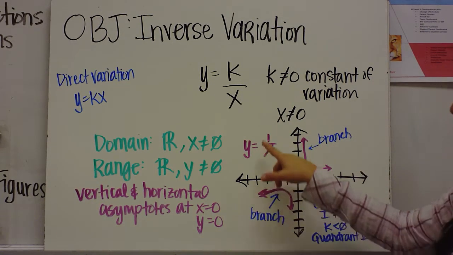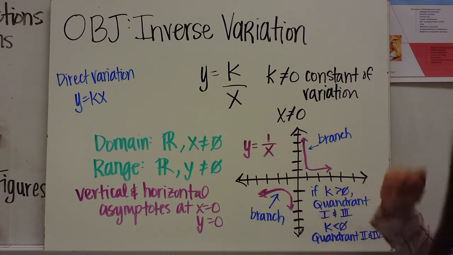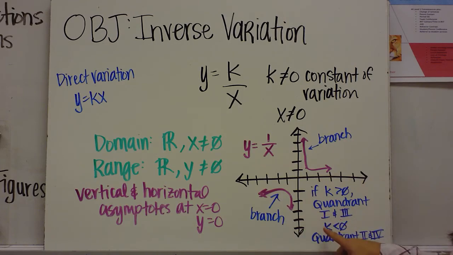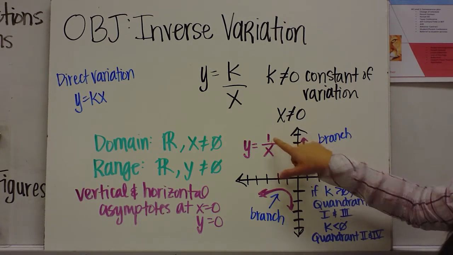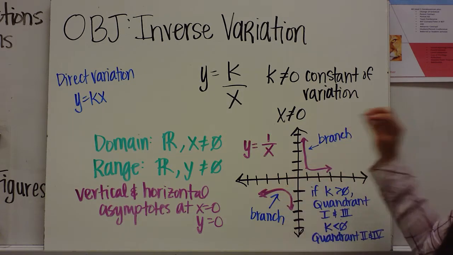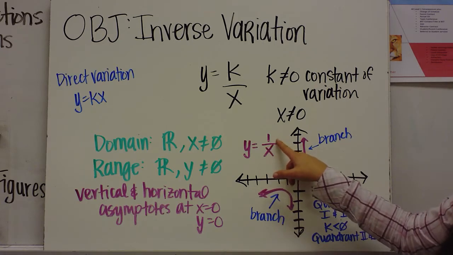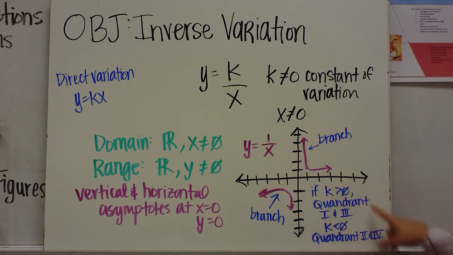If k is less than 0, so if k is negative, then it's going to be in quadrant 2 and quadrant 4. So my apologies. If it's greater than 0, like in this instance k is 1, it's going to be in quadrant 1 and quadrant 3. So that means all the values are positive or all the values are negative. If it's a negative k, then it's going to be in 2 and 4. And so that's what this says right here. Okay?